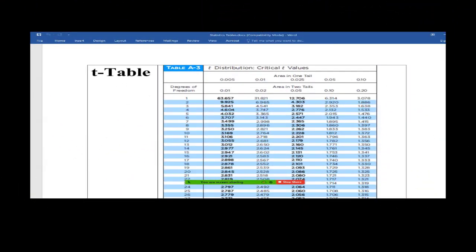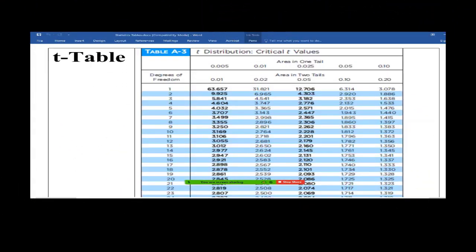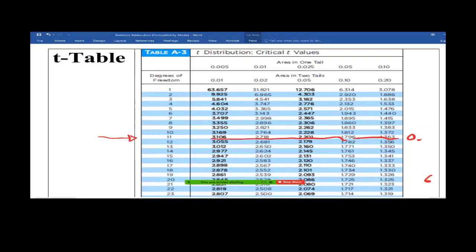Okay, so we are looking at the table. Let's say this is 11. Now, if you look, the numbers are getting smaller and smaller. So the number we were looking for was 0.66. Of course, it was negative, but it doesn't matter. So 0.66 is to the right of it. Take a look at the area in two tails: it is 0.2 for the last given number of 1.363.